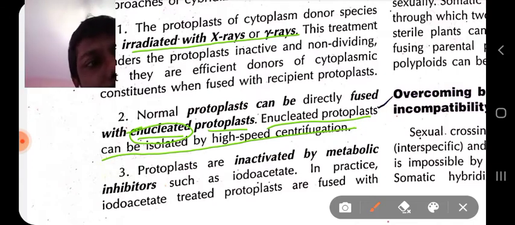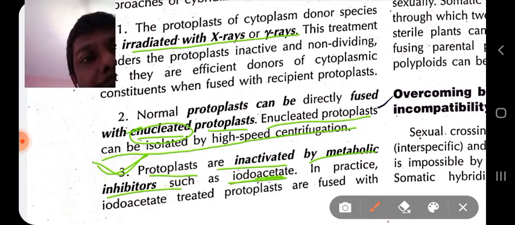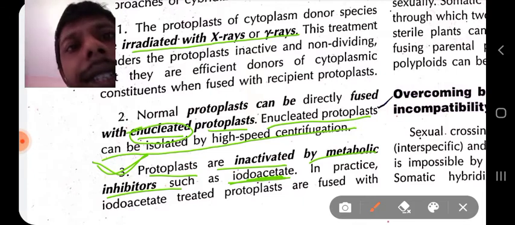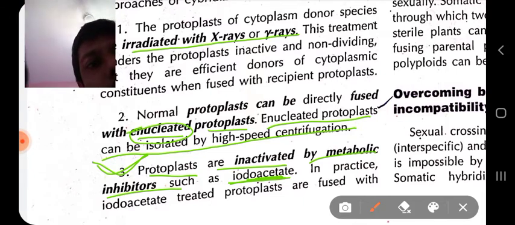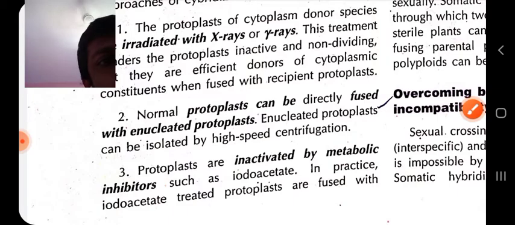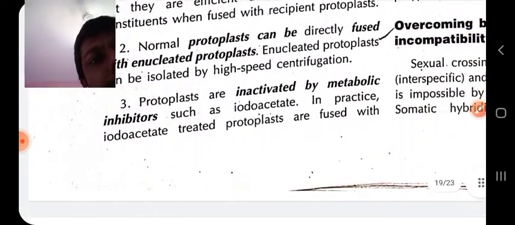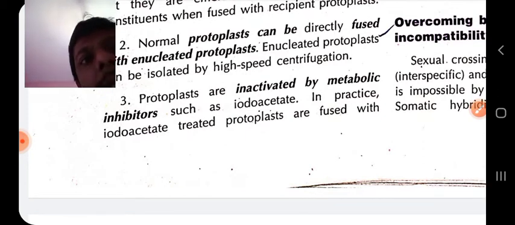Third point, through which hybrids can be achieved: protoplasts are inactivated by metabolic inhibitors like iodoacetate. Metabolic inhibitors like iodoacetate can be used to inhibit their metabolic functions. In practice, these iodoacetate-treated protoplasts are fused with X-ray irradiated protoplasts for more efficient formation of hybrids.